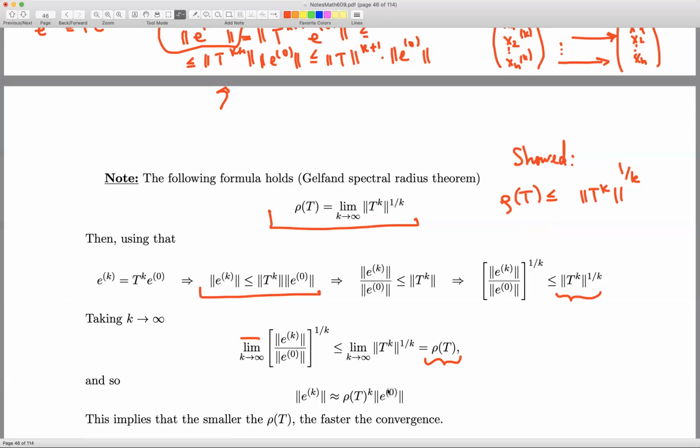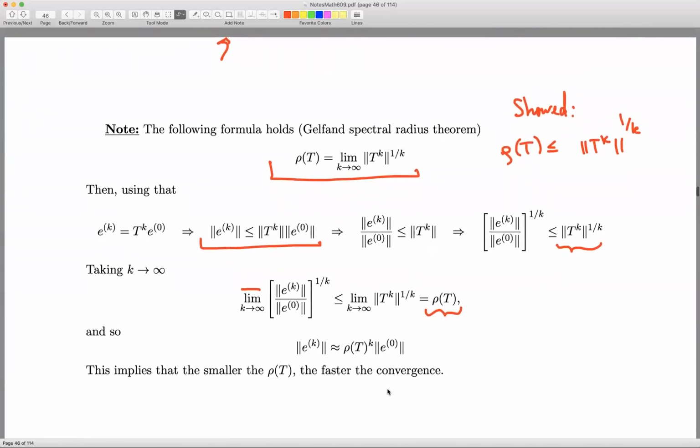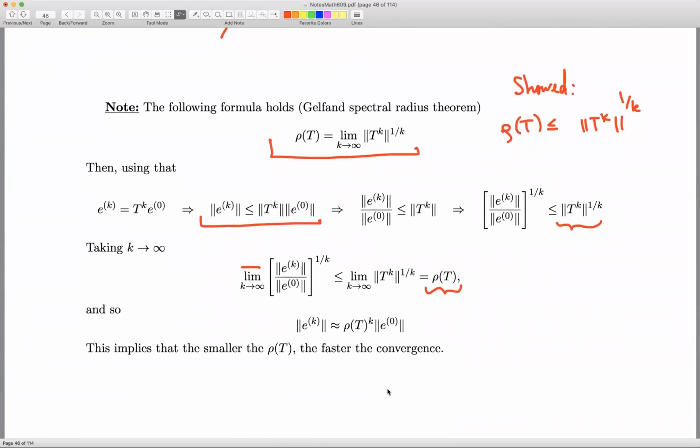which basically will tell us roughly that the norm of the error at step k behaves like the spectral radius to power k.